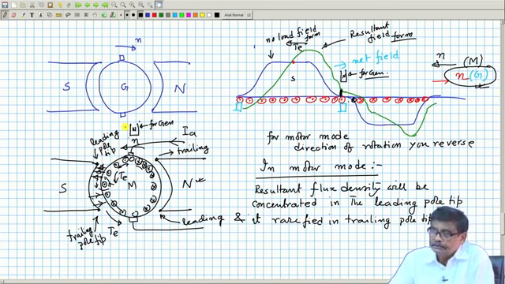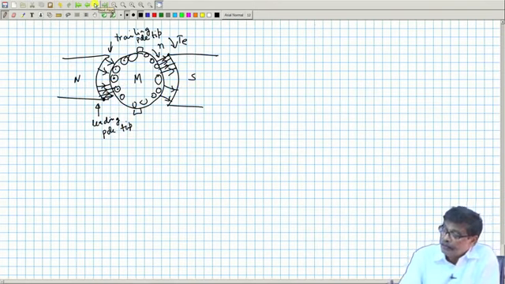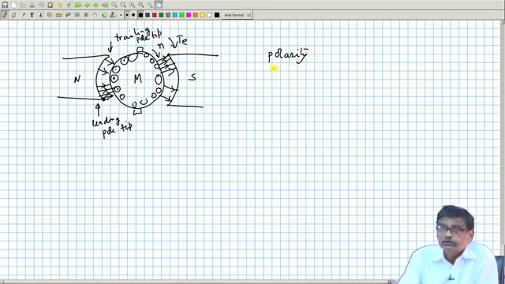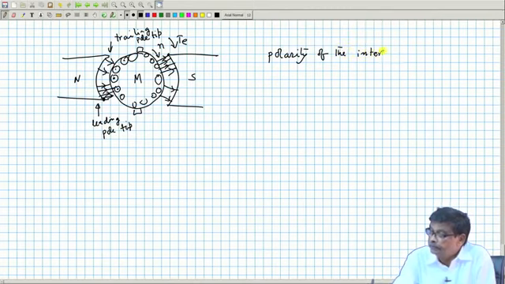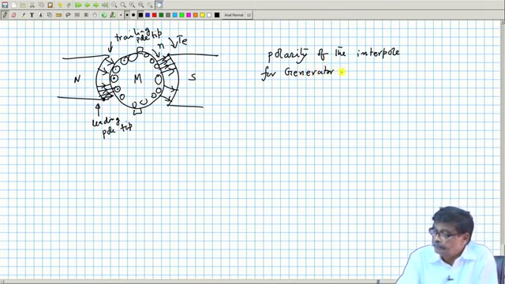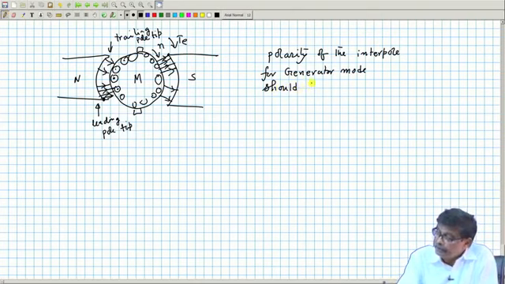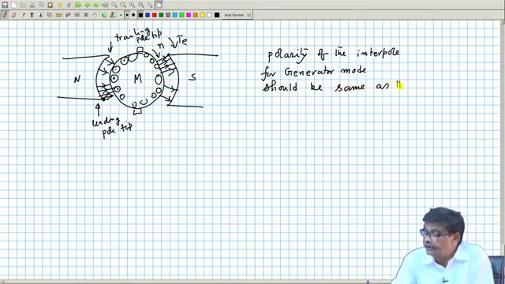Okay. So, that is there. Therefore, I will conclude that the polarity, means whether north or south, polarity of the interpole for generator mode should be the same as the main pole ahead.